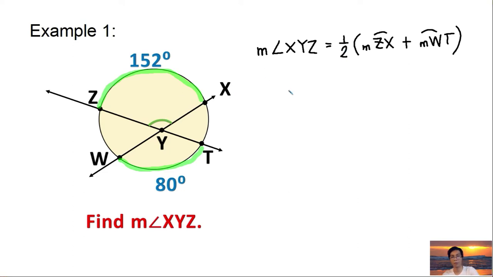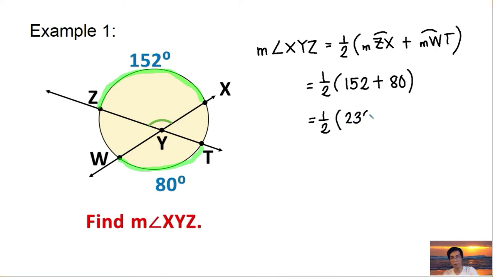So, equals 1/2. Binigay na yung measure nito. Si ZX, the measure is 152. So, 152 plus si WT naman, binigay na rin. That's equal to 80. So, equals 1 half, 152 plus 80 is equal to 232.